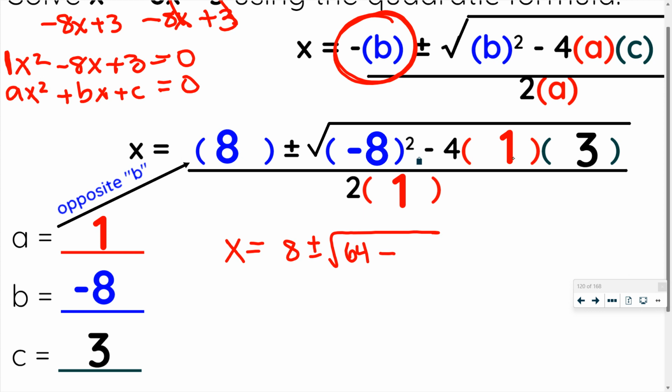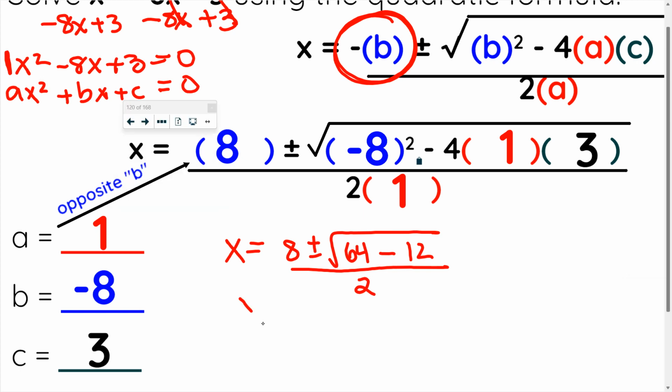Subtract 4 times 1 times 3, which is 12. All divided by 2 times 1, which is 2. So I end up having x equals 8 plus minus the root of 64 take away 12 is 52, all divided by 2.